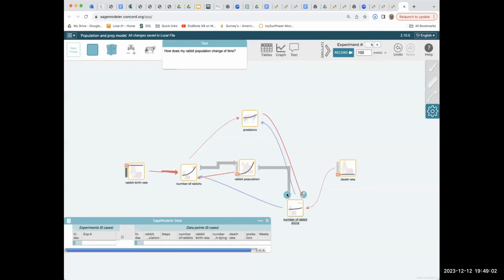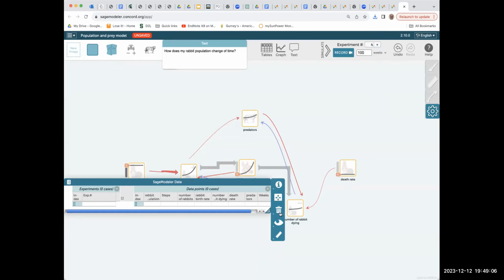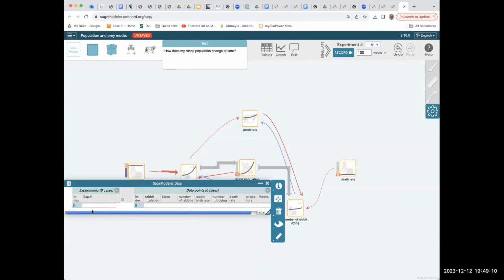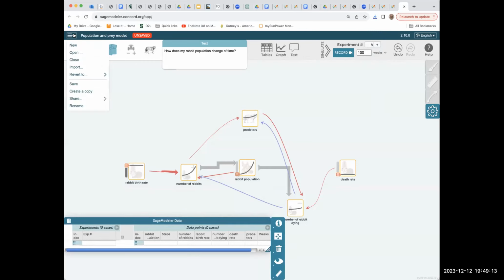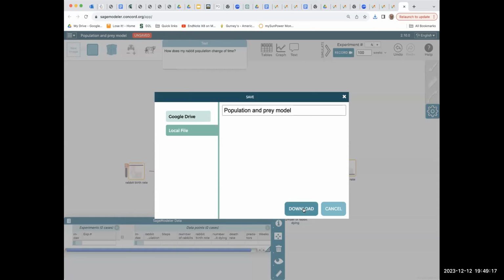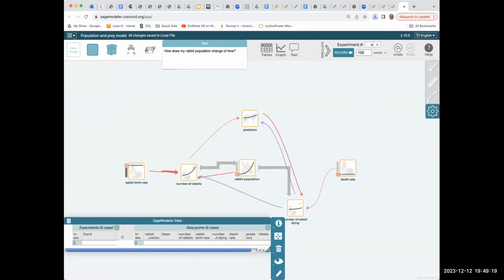And I'm going to download it. I'm going to actually clear all my data. If I had any data, there's no data. And now I guess I have to resave it. And now what I'm going to do is I'm going to actually copy. I'm going to share it.